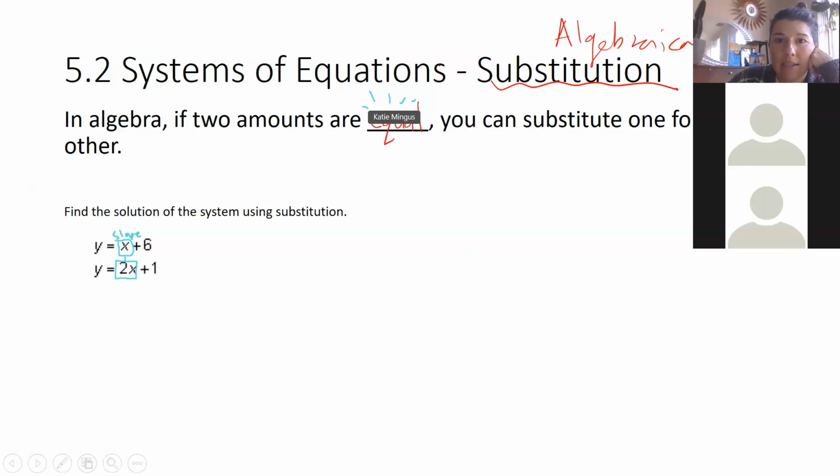Okay, that's the secret to this. Okay. All right, Katie, I'm going to erase your writing just on this one, okay? Because there's an easier way to do this one with substitution. Okay. Let's see here.